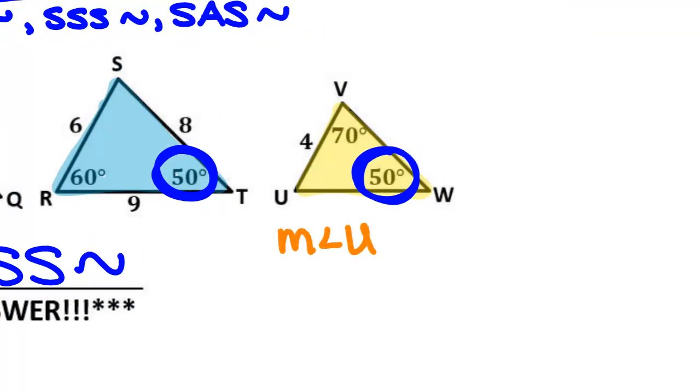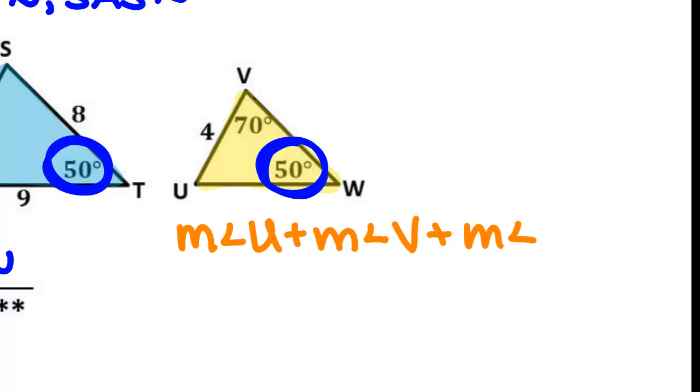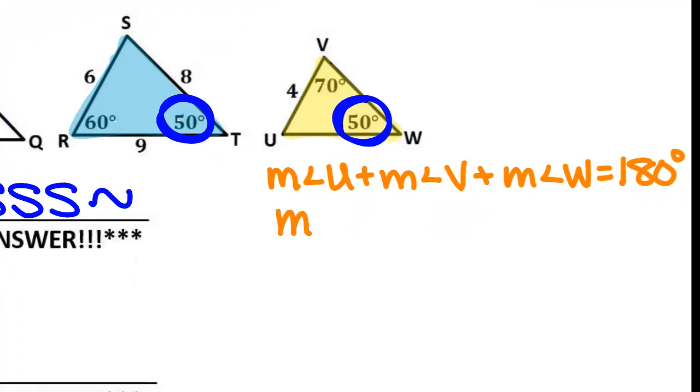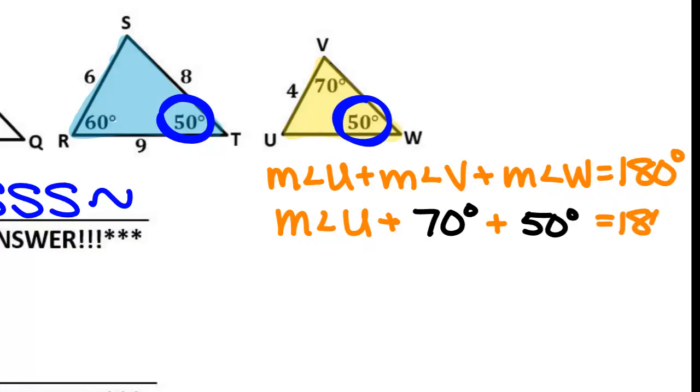So the measurement of angle U plus the measurement of angle V plus the measurement of angle W. What do all three angles have to add up to? 180. All right, so we have the measurement of angle U plus angle V, which is 70, plus angle W, which is 50. And that has to add up to 180.